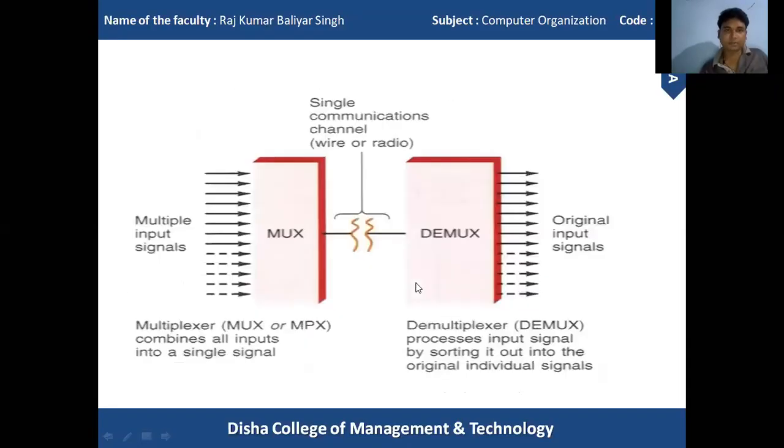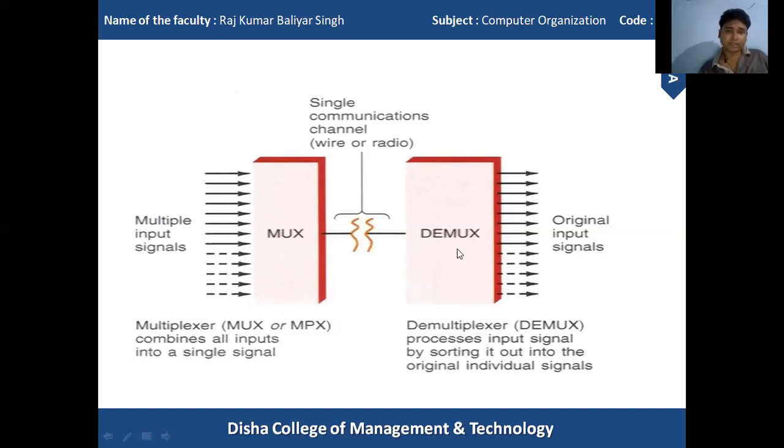Okay, let's see the practical example of MUX and DMUX. Basically MUX and DMUX are usually used for communication channels, maybe wired communication, radio communication, and data communication channels also use MUX and DMUX. Here the MUX receives 2 to the n signals, and then converts them into a single line, and over this line the data passes from one source to another, that is, source to destination.